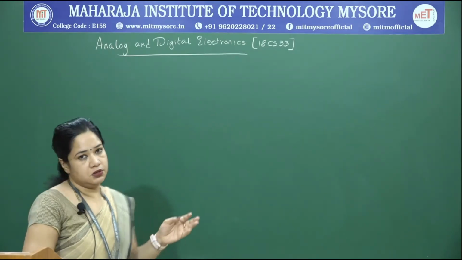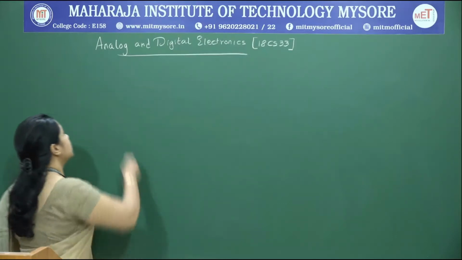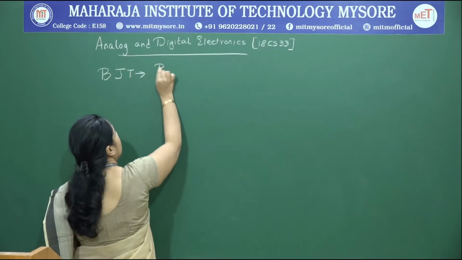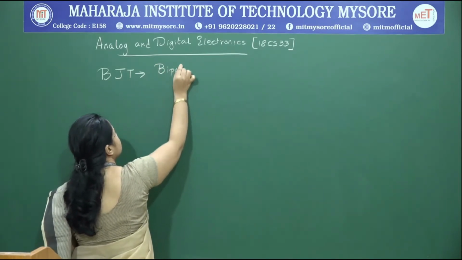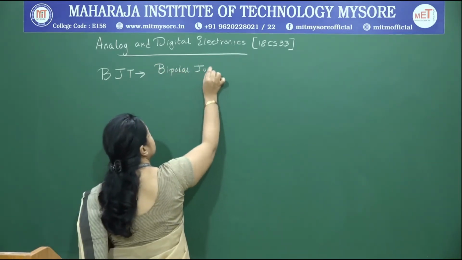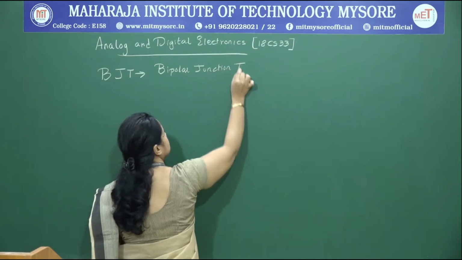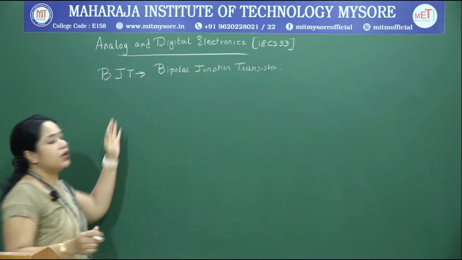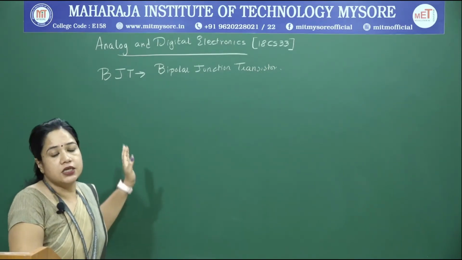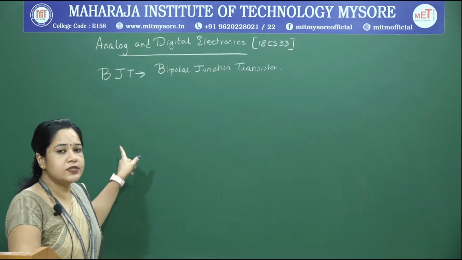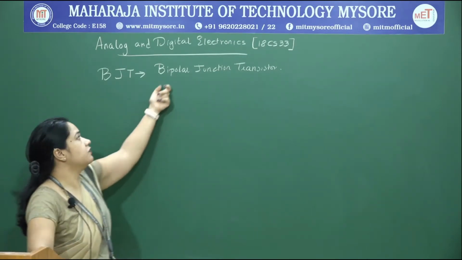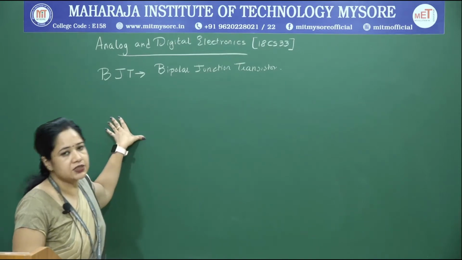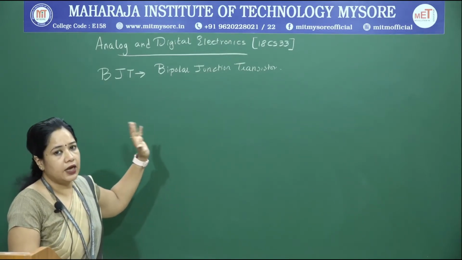To start with, BJT stands for bipolar junction transistor. When I say bipolar junction transistor, the charge carriers are both holes and electrons. That is why we give the name bipolar.